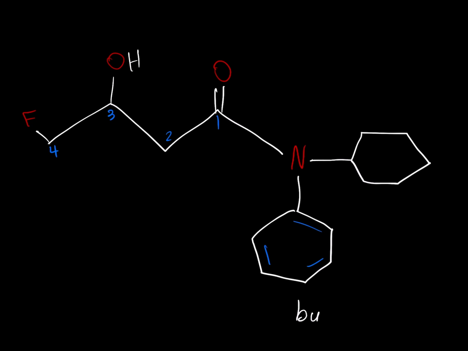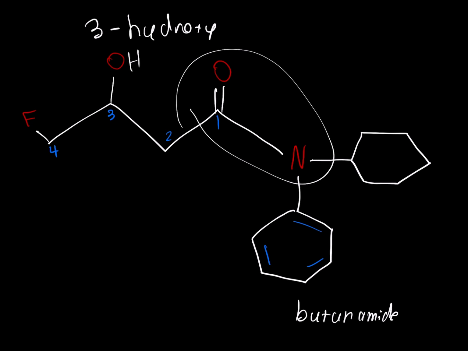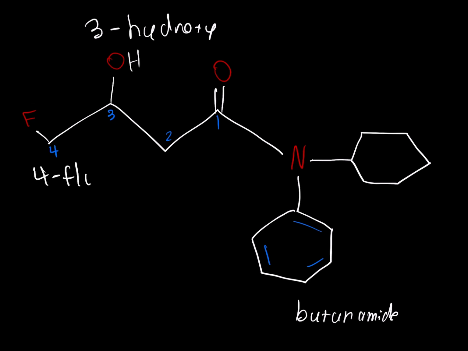So that would be associated with butanamide. However, we have 4 substituents. So on carbon number 3, we have a hydroxy. So this is a 3-hydroxy. Whenever you see an OH, it's going to be hydroxy. However, if you see an OH by itself without any other substituent, it's going to be an alcohol, but the amide takes priority over the alcohol. And so we also have fluorine right here. So that's going to be 4-fluoro.